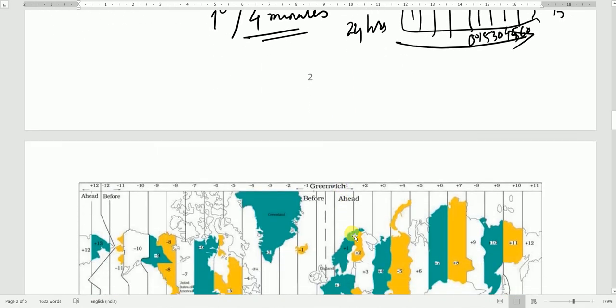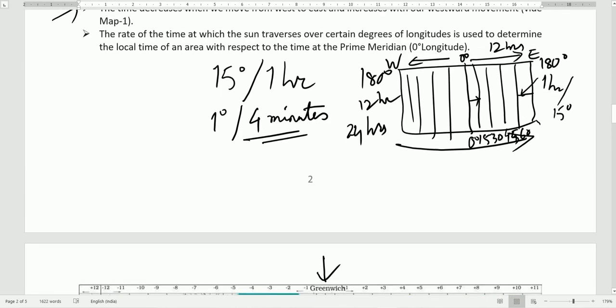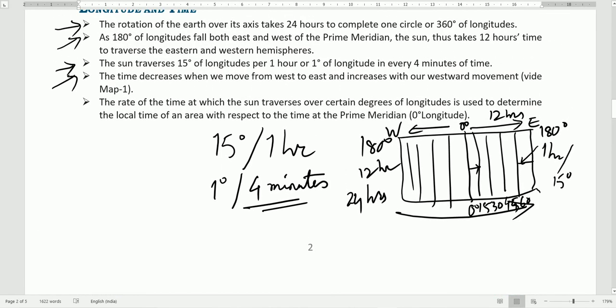Say, for example, this is the prime meridian. When we move towards the east, then time increases because we are ahead of the Greenwich. And you must know that the Earth is also rotating from the west towards the east.